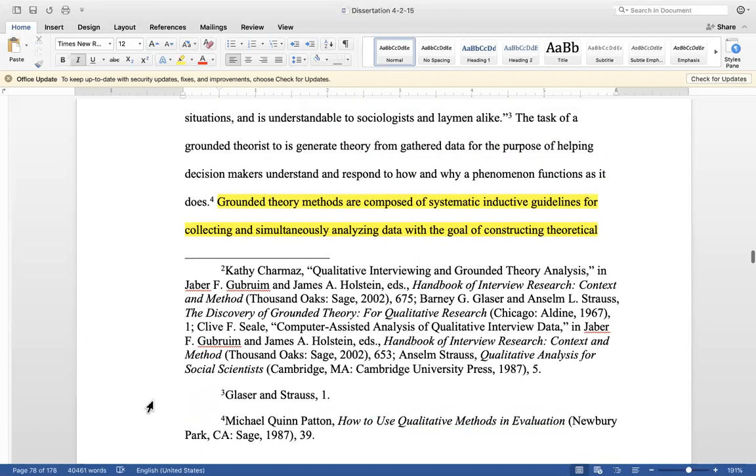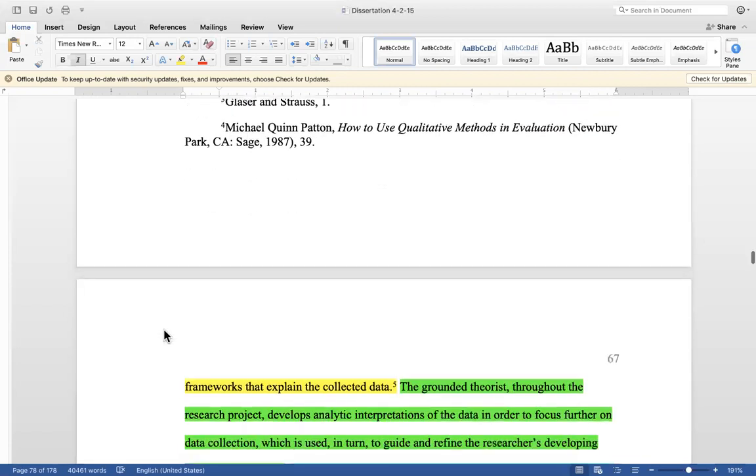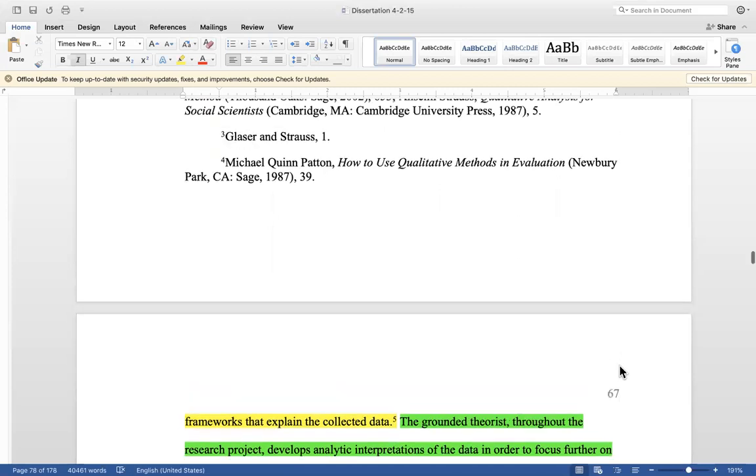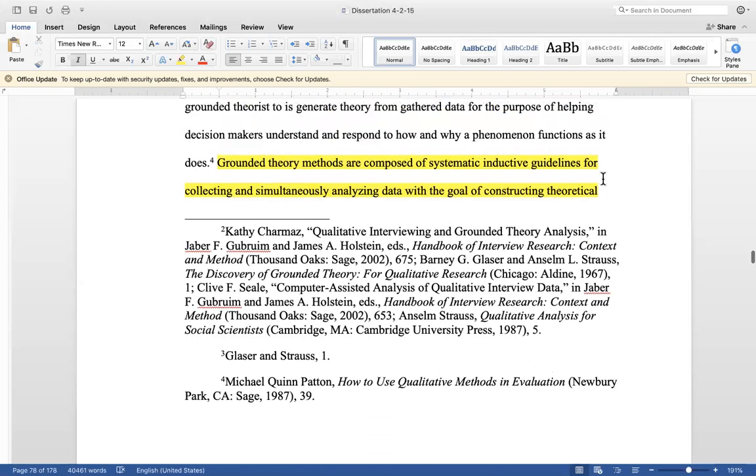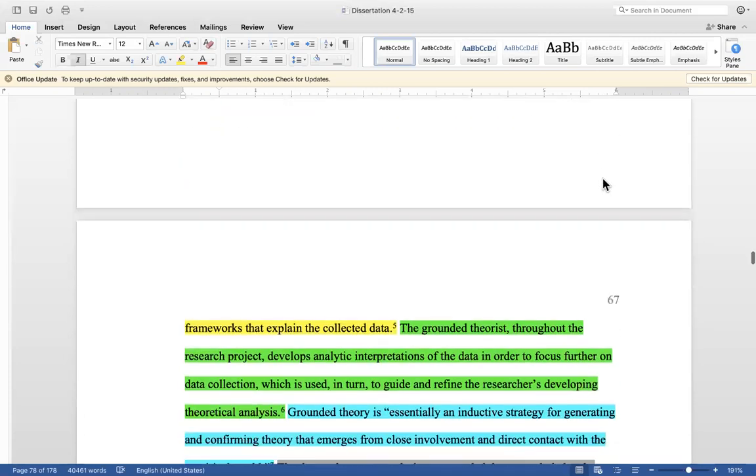So when we look at footnote number 5, that little teeny number there is called a superscript. Even though the information started on this page, the sentence carried over to the next page. And yes, this is page 67. Don't freak out. You don't have to write 67 pages for SUM. This was a person getting their doctorate. The sentence started on this page, but it ended on the next page. The footnote superscript number always goes at the end of the sentence or at the end of the phrase.